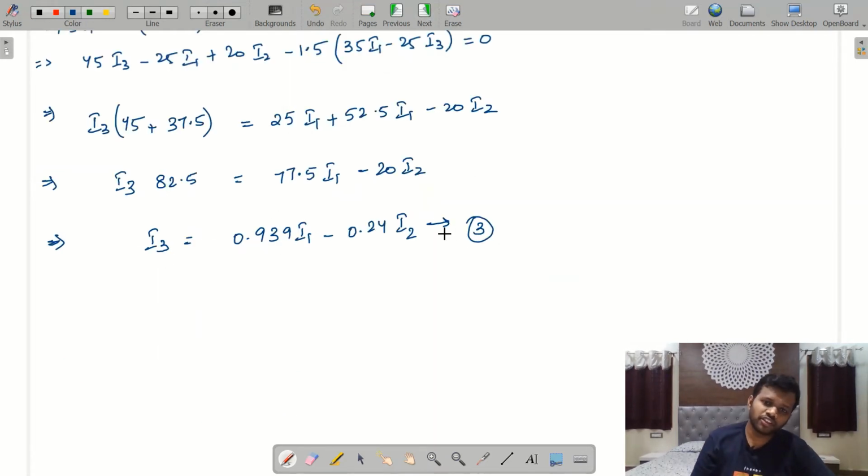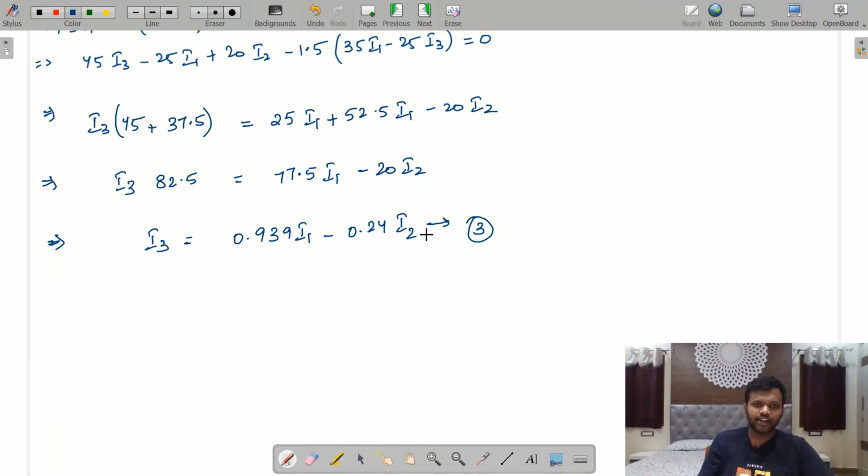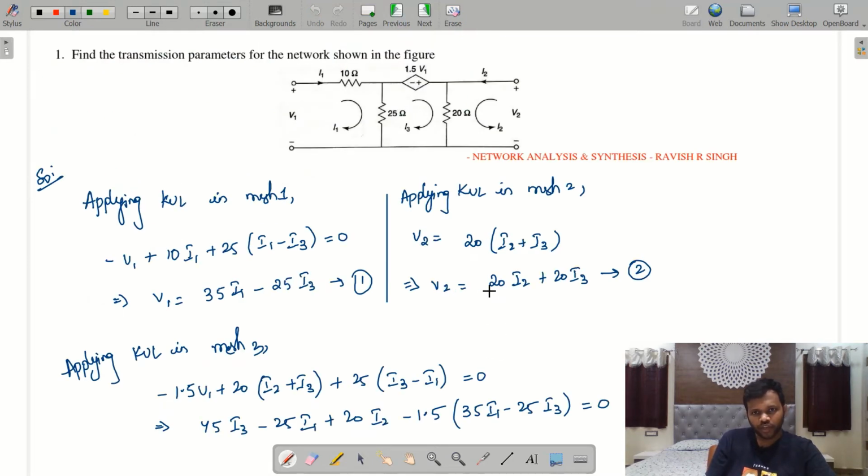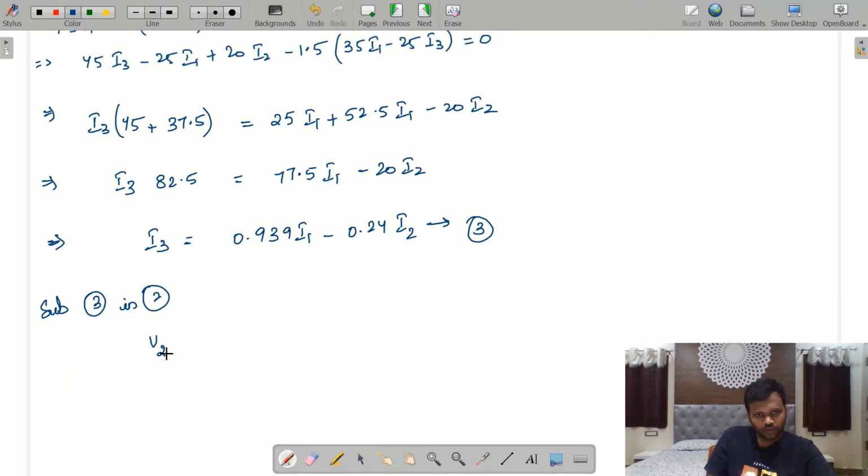Now, just by substituting 3 in 1 and 3 in 2, I can write the equations in the form of ABCD parameters. First, substituting 3 in 2: V2 equal to 20 I2 plus 20 I3. In place of I3 I will substitute this value, so V2 equals 20 I2 plus 20 into (0.939 I1 minus 0.24 I2).